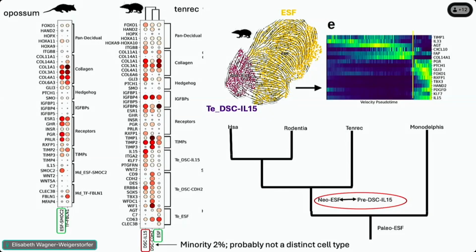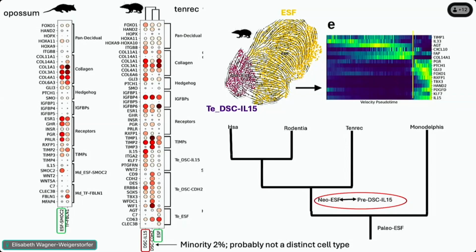So we interpret this that Monodelphis and the marsupials and the therian ancestors have what we call a paleo-ESF, namely one that cannot differentiate into a decidual cell, and then in the stem lineage of eutherians, it transformed into what we call a neo-ESF, which has the ability to differentiate into a decidual cell that helps maintain the placenta.